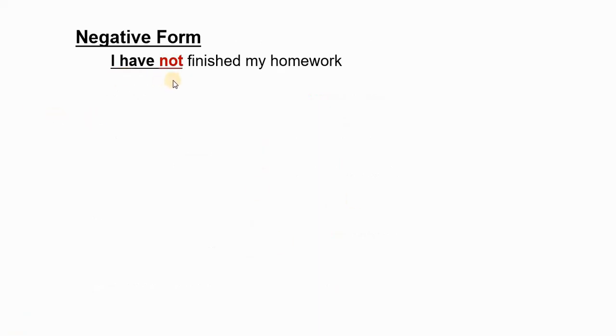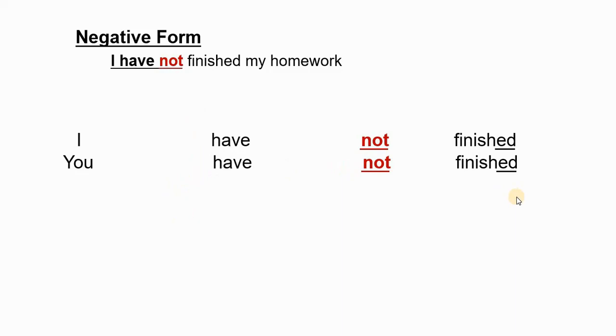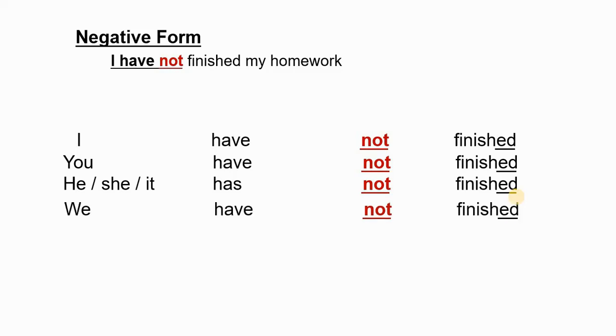Now, the negative form. I have not finished my homework. So here is the negative form of the present perfect. I have not finished. You have not finished. He, she, it has not finished. We have not finished.